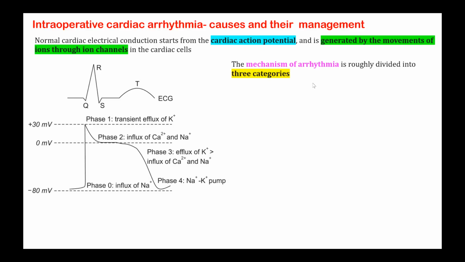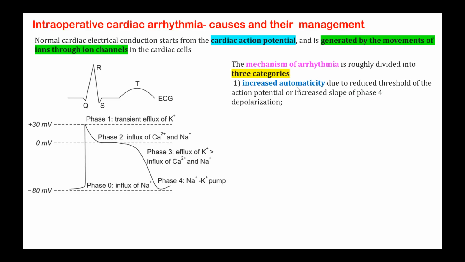So the mechanisms of arrhythmia are roughly divided into three categories. One is increased automaticity, due to reduced threshold of the action potential or increased slope of phase 4 depolarization. Then there is triggered activity due to after depolarization reaching the threshold of the action potential.